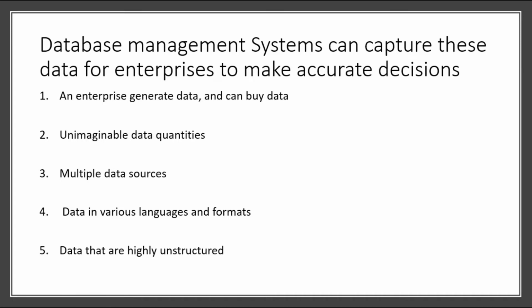Database management systems can capture this data for enterprises. And because it's about memory, it's about data, analyzing this memory or the events that are collected can allow enterprises to make accurate decisions and predictions.